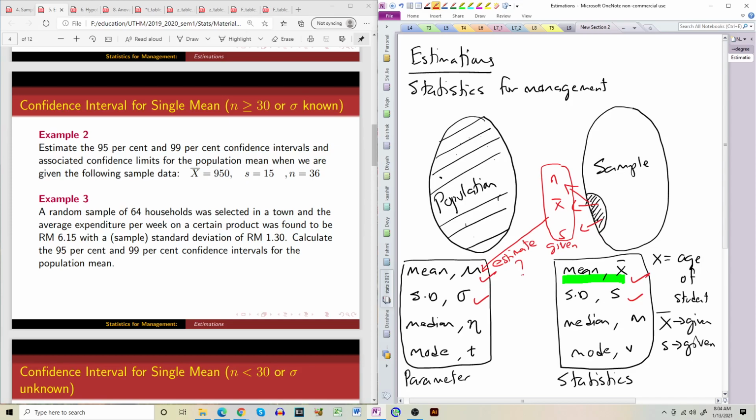If you are given the sample size and the average age of students in my class and also the standard deviation of the age of my students, can we estimate the mean for the whole population? Okay, the mean of students who are taking statistics for management in the world. So that's what we are going to do. So let us do number one. How to do this?